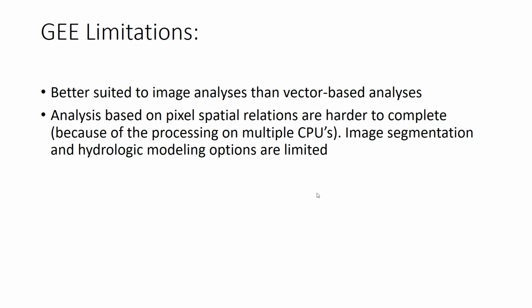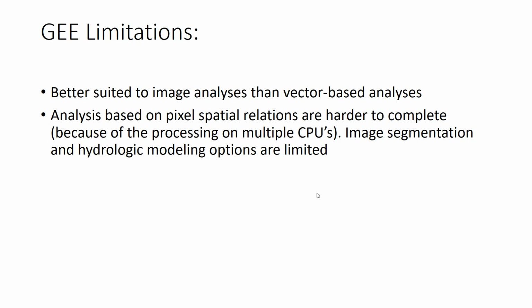It also has some limitations. It's better suited to image analysis than vector-based analysis. Analysis based on pixel spatial relation is harder to complete because of the processing of multiple CPUs.